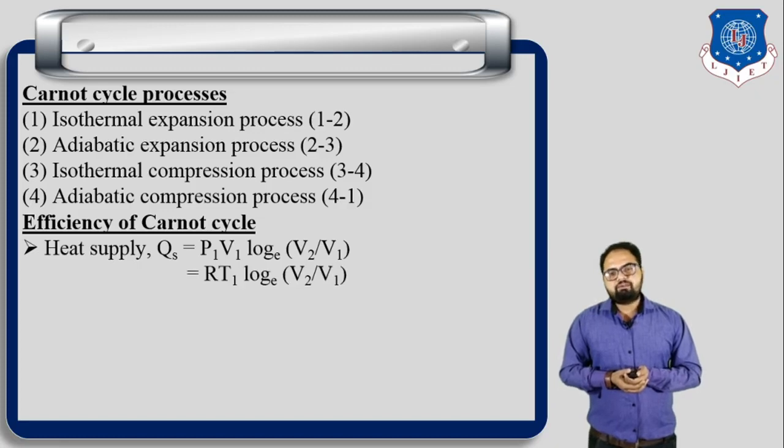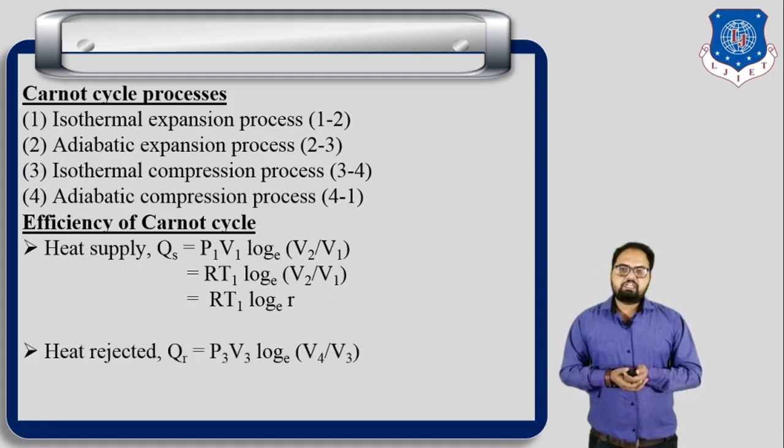But we know that P1 V1 is equal to mRT1, and here the mass of the gas is 1 kg. So the equation becomes RT1 log V2 by V1 base e, where V2 by V1 is also known as the compression ratio r. So Qs = RT1 log r base e is the heat supplied during the process.